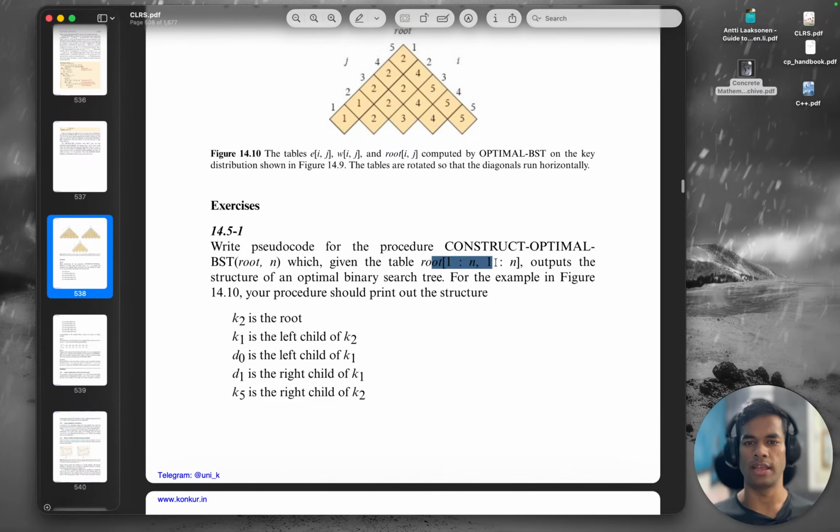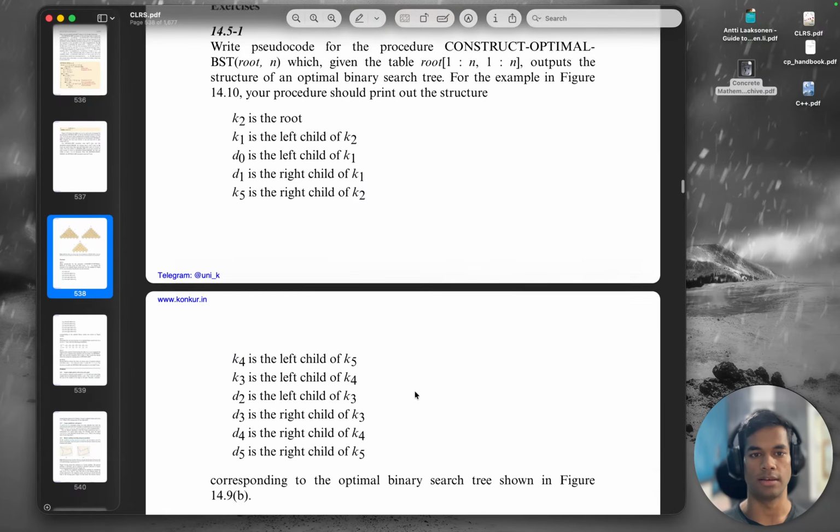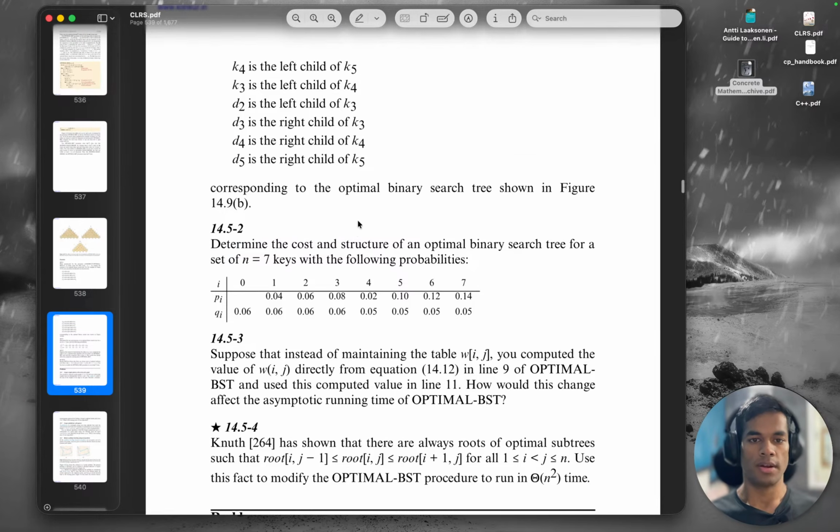We look for range 1 to n, what is the root, and when we find the root, we take that as the root, and then we look for the left subtree, what is the root for the left subtree. Then we call the function again with that. Determine the cost and structure of an optimal binary search tree for a set of n equals 7 keys and the following probabilities.